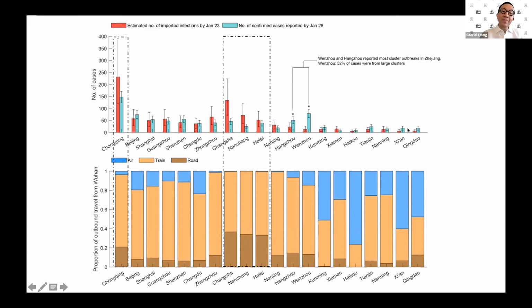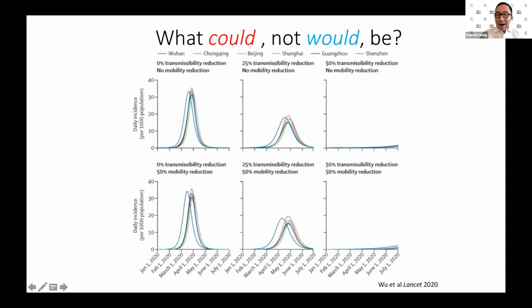As I said, our aim was not to predict precisely how many people were going to get infected, but rather to say, if you do nothing, you're going to get an absolute catastrophic result. Whereas if you reduce transmissibility by at least 50%, you are going to get this kind of result.